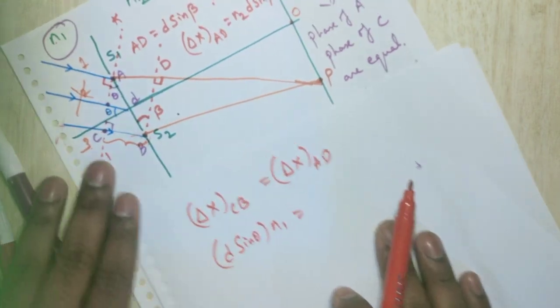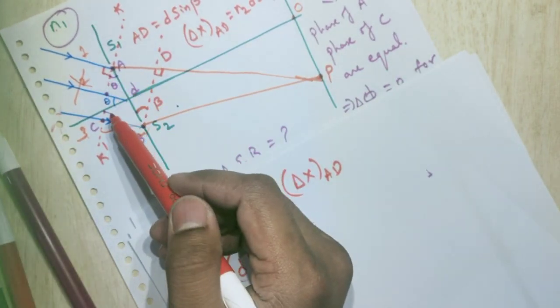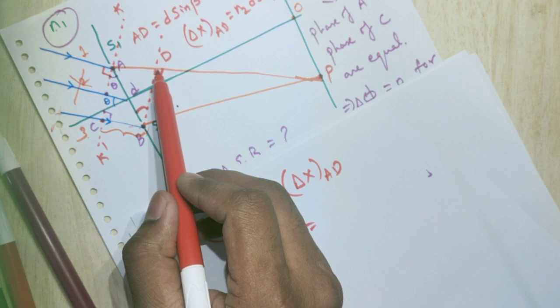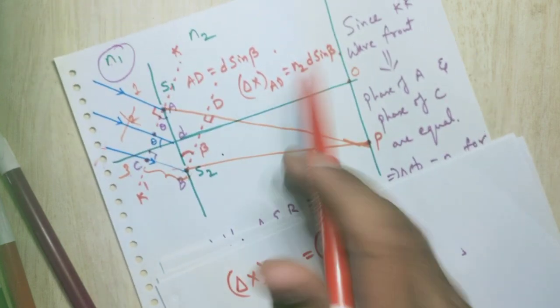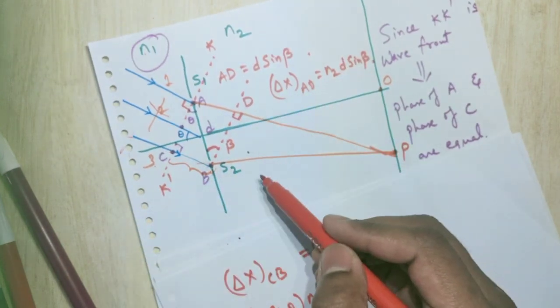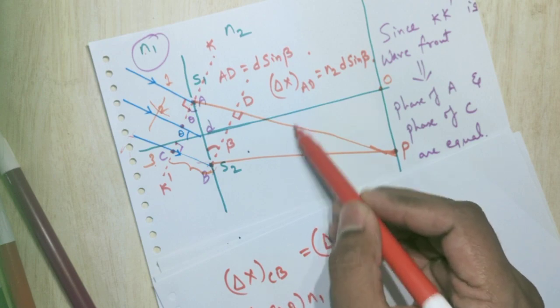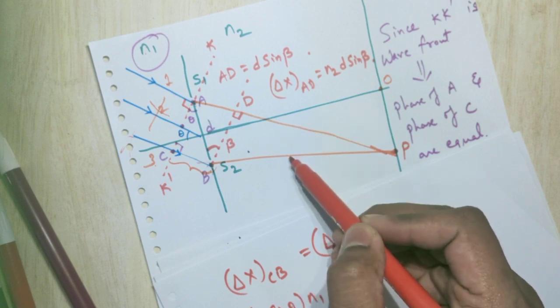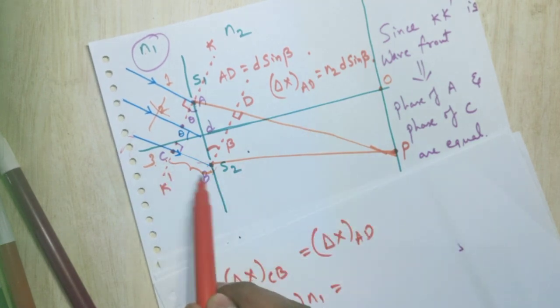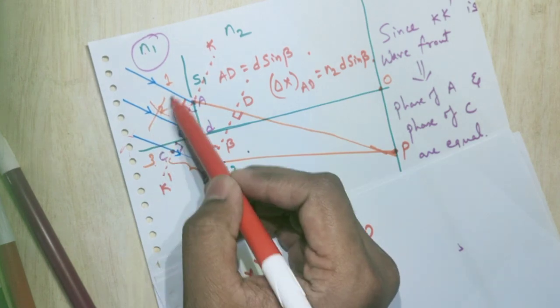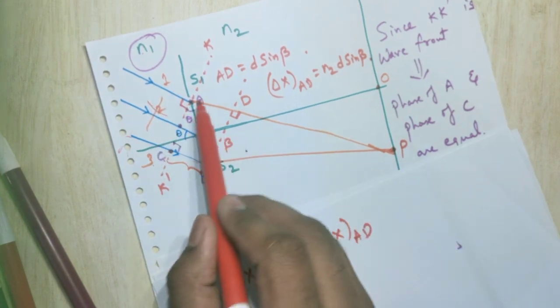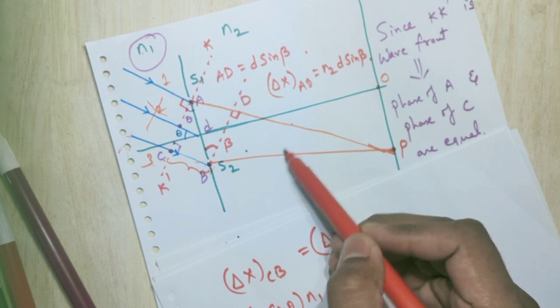See, saying path difference between A and D is not the correct way to express it. It is actually the path difference between these two rays. CB is the path difference between these two rays. Similarly, AD is the path difference between these two rays.